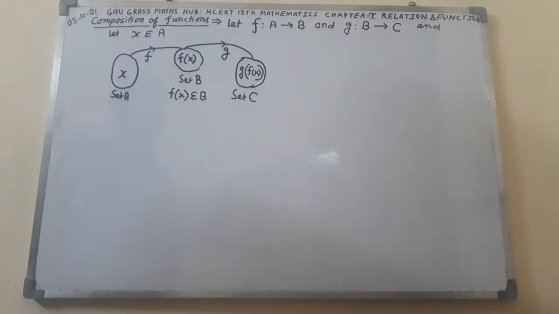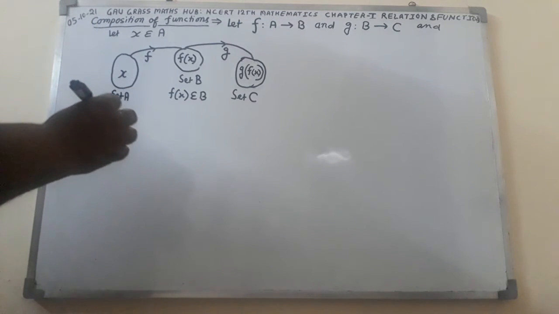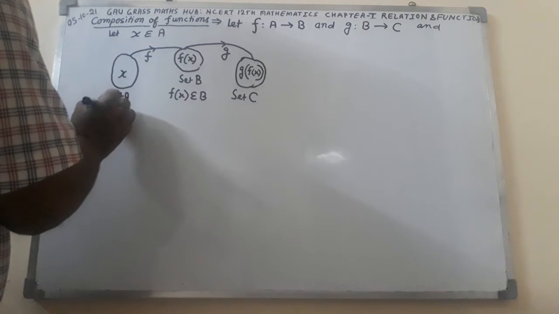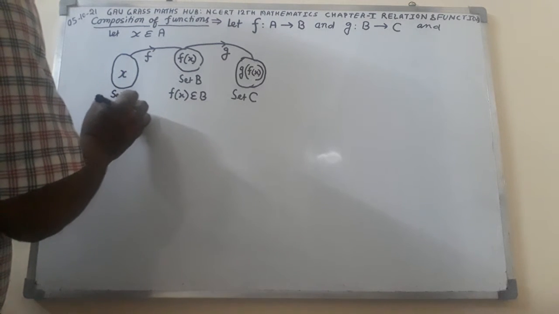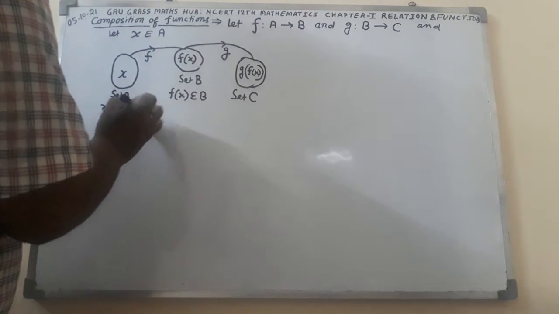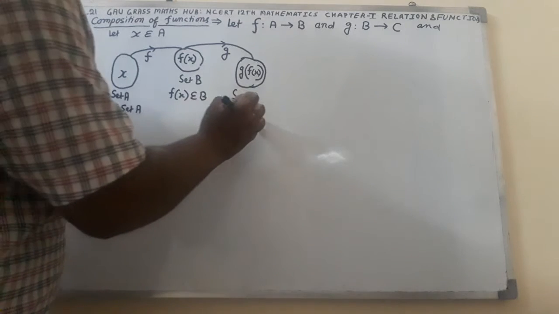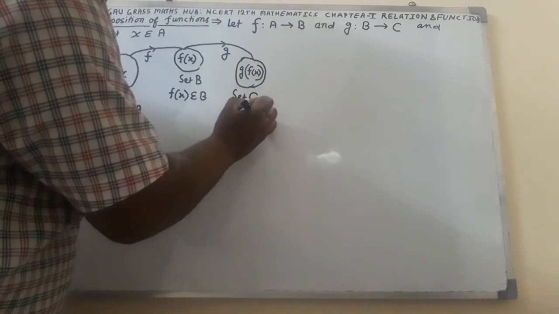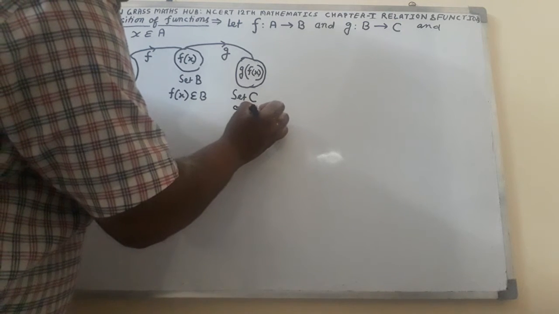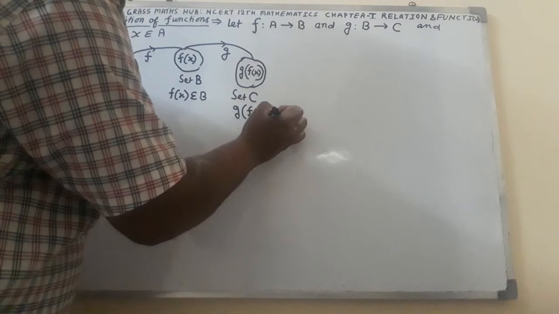So this is the relation I have made here. So here I shall write: x belongs to set A, f of x belongs to set B, and g of f of x belongs to set C.